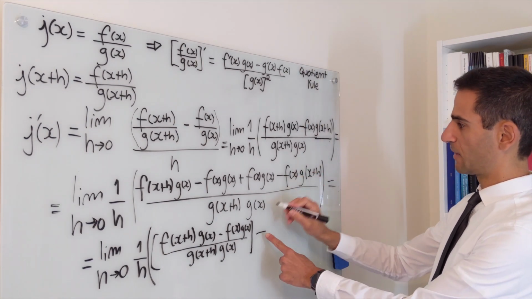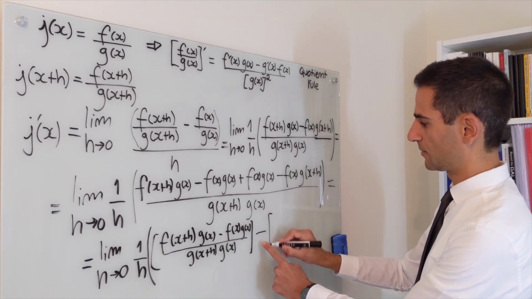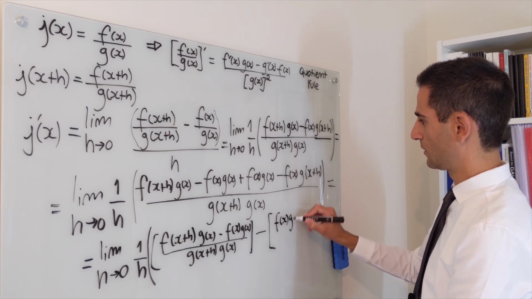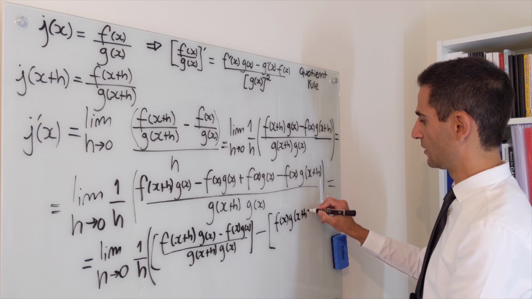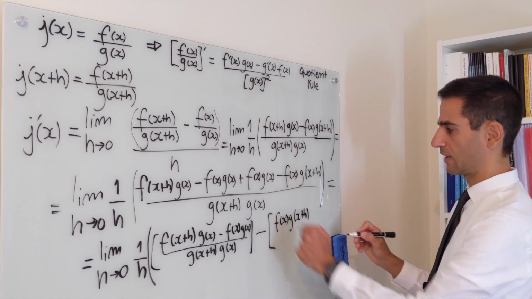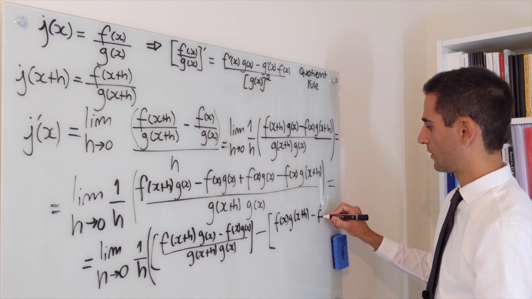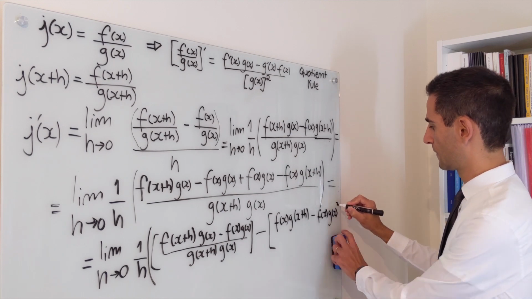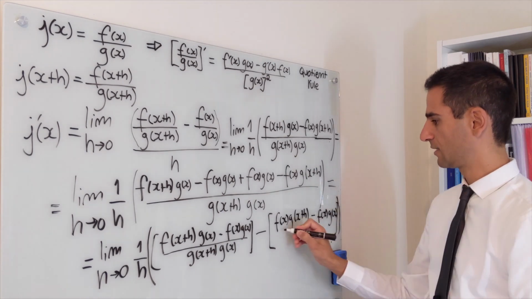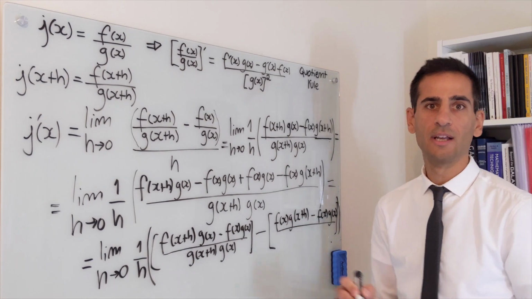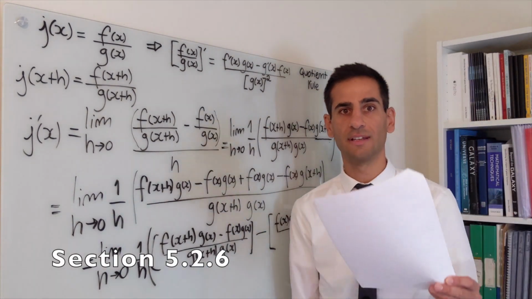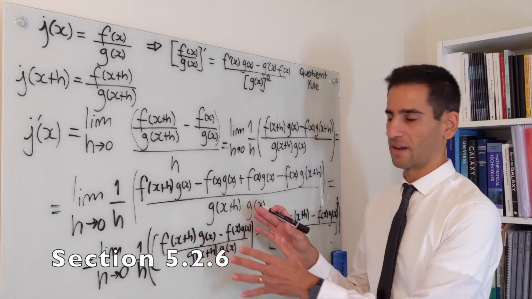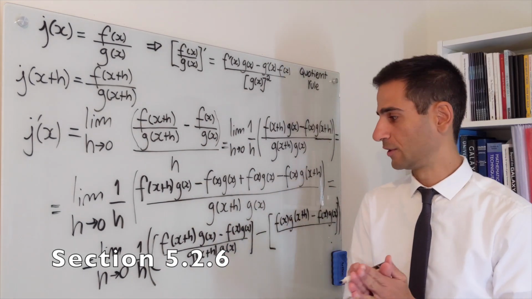We're going to take the minus out. This means we can write f of x times g of x plus h minus, because we've taken it out, f of x times g of x, closing the brackets. And I know it is long, but you also have all the details in the lecture notes that you can check, just in case any of my f's or g's are a little bit confusing.